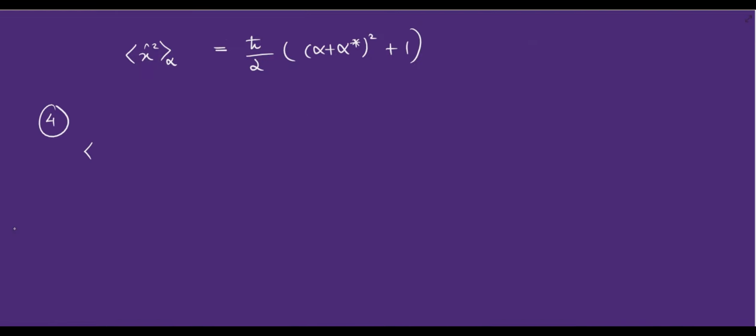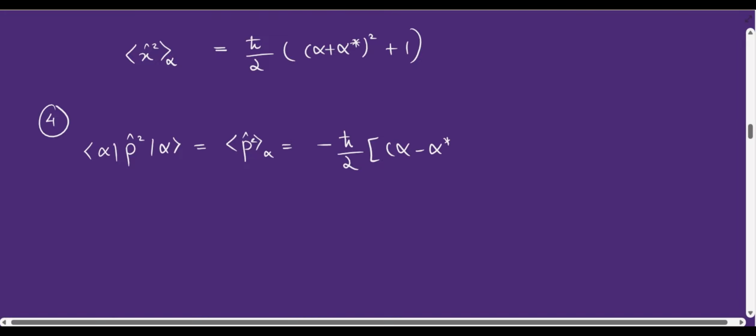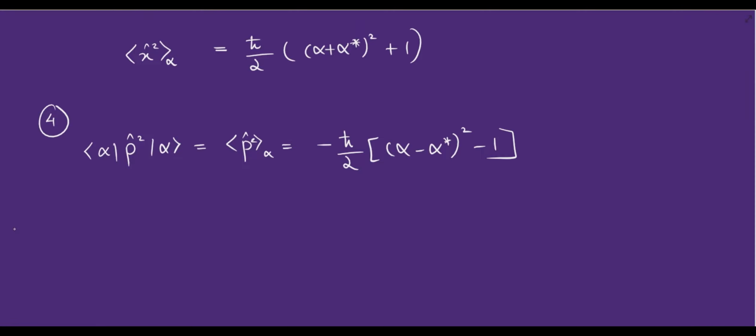Similarly, I'll not calculate it, I'll leave it to you. You have to follow the same procedure. You can prove that the expectation value of p cap squared in the alpha state is equal to minus h bar by 2 times alpha minus alpha star, whole squared, minus 1. This is what you will get.